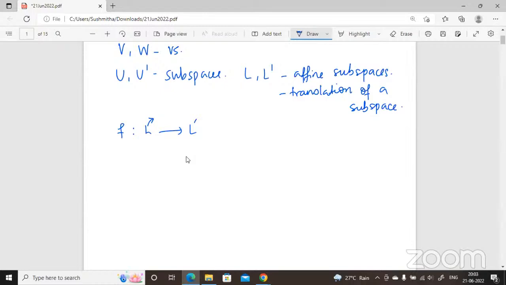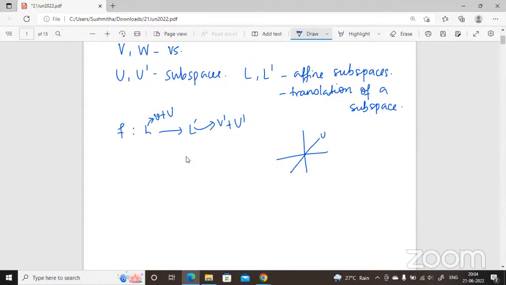There is a vector subspace which is translated to get L, which we denote as V plus U. V is any vector in L, and U is the underlying subspace which is being translated. And for L prime, we denote it as V prime plus U prime. L prime is the translation of U prime by the vector V prime. Both L and L prime are translated subspaces.